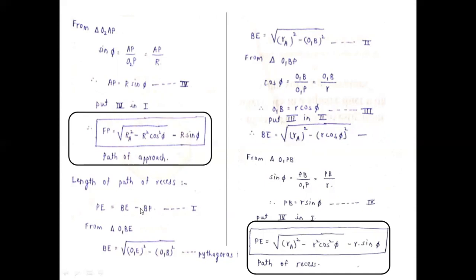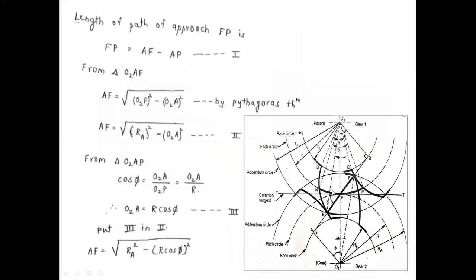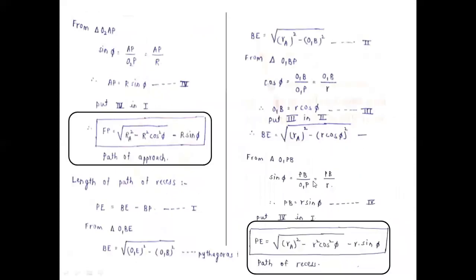Now we have already found out the value of BE. Now we have to find out the value of BP. So we are considering triangle O1BP, again the same triangle. We have to find out the value of PB.